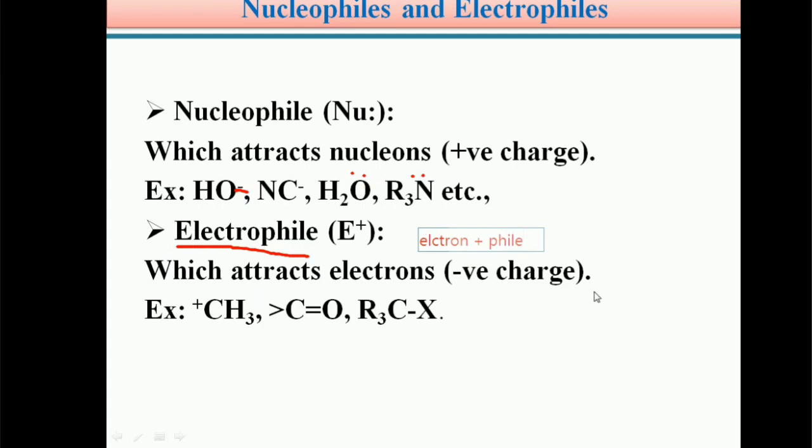We know an electron has a negative charge, so it means negative charge attraction. Phile means attraction, loving nature. So an electrophile attracts electrons, which attracts negative charge.